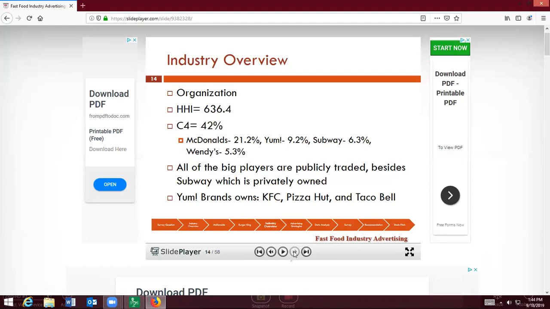So we found that the HHI is 636.4, not relatively high compared to the other ones we're looking at. But if we look at just the C4, again, it's pretty high, but not as high as that oligopoly ratio cutoff that I was saying. So we see McDonald's has the lion's share. Yum, none of us know what Yum is. Yum owns a bunch of different ones.